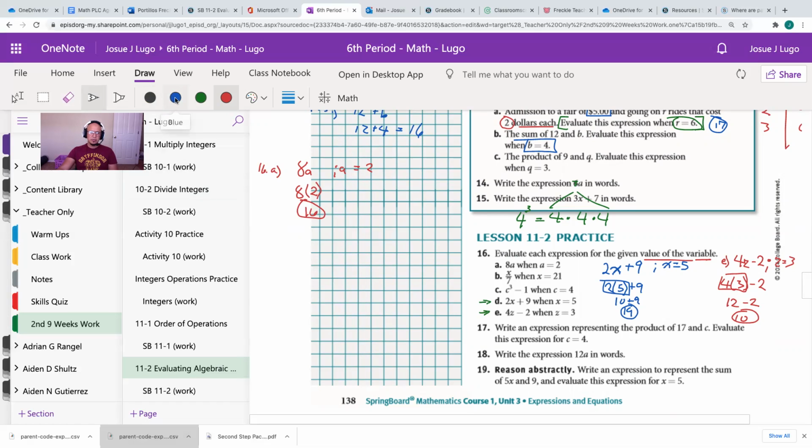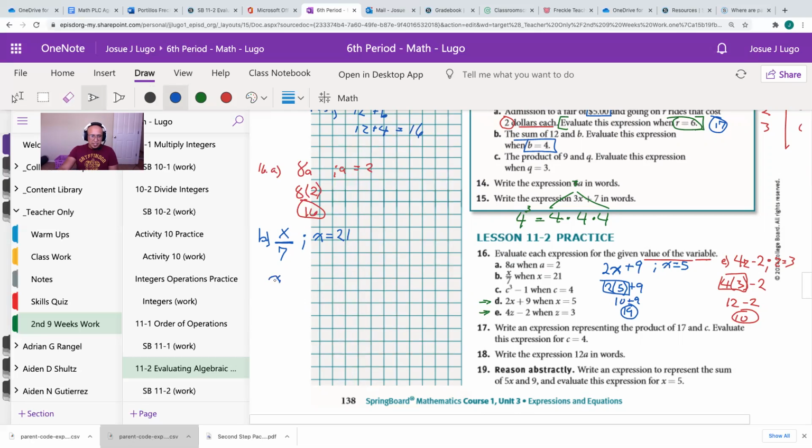Let's try another one. Let's go ahead and do 16B. 16B, we have x over 7. All right, and that is when x is equal to 21. Remember that anytime we have a fraction, it always means division.